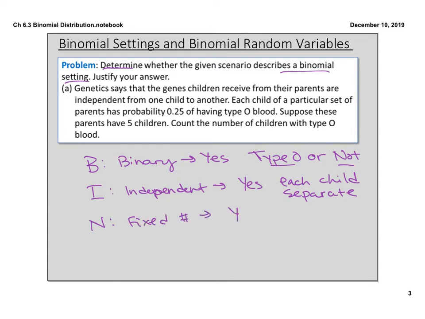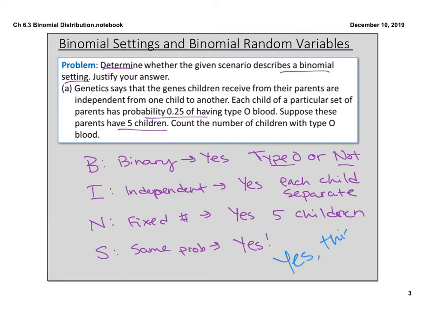That is a yes, because you're told there are going to be 5 children before you start. And then S, same probability, and that is also a yes. Boom, right there. So the answer here is yes. This is binomial.